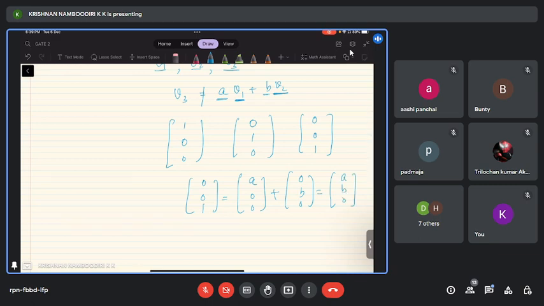Can this and this be equal? That means 1 equal to 0 in the third entry. It is not possible, correct? So they are linearly independent. Is that correct?